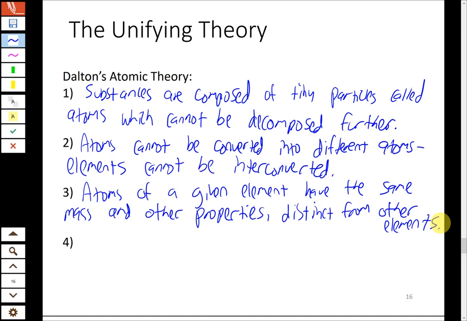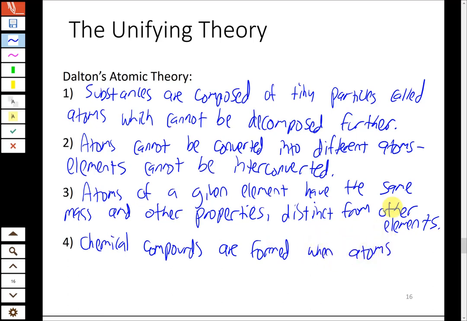All right, and then finally the other part of this is the formation of chemical compounds. Chemical compounds form when atoms of two or more different elements combine in a specific ratio.